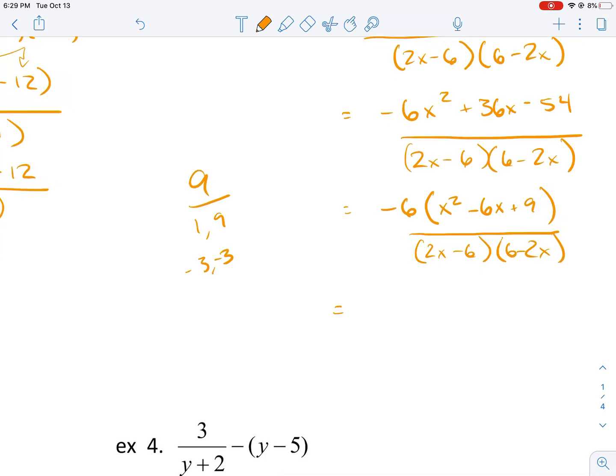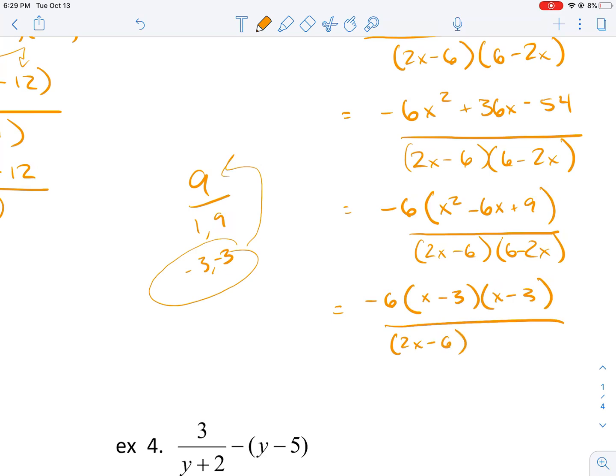Well, if I make both the 3's negative, when I multiply these two, I get a positive 9, but when I add them, I get a negative 6. So it's going to be x minus 3, all over. And that, my friends, is our simplified answer.